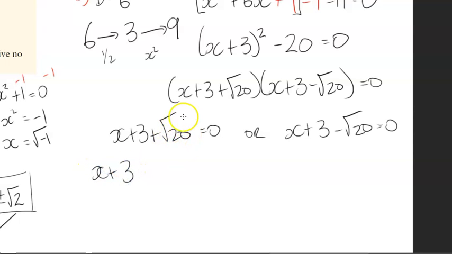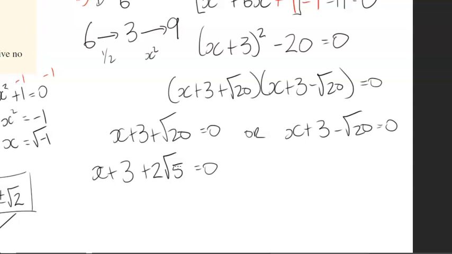Remember, this surd can be simplified. There is a factor of a square number within here, which is 4, and this can be written as 4 times 5. The square root of 4 is 2, so this is written as 2 root 5. This is going to be equal to 0.